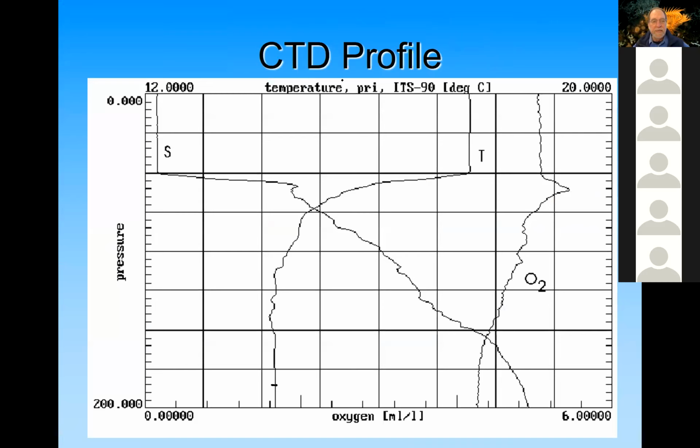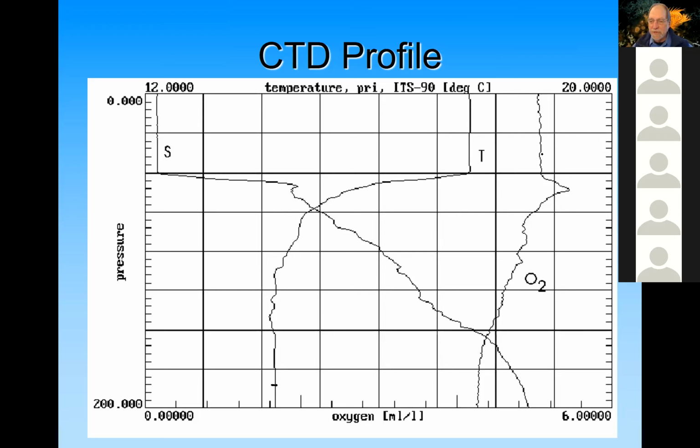Okay, so here's a CTD profile. As this device was being lowered down in the water, here's pressure on one side and concentration of 3 different things that we're measuring. We're measuring, I guess actually we're measuring salinity, temperature, conductivity, and depth. So here S is salinity, T is temperature, and O2 is oxygen.